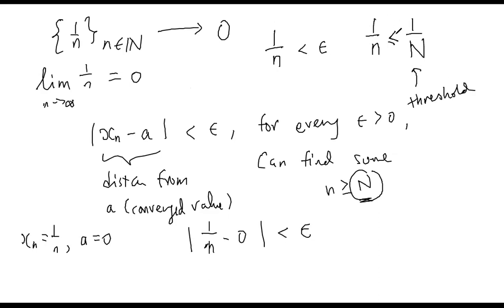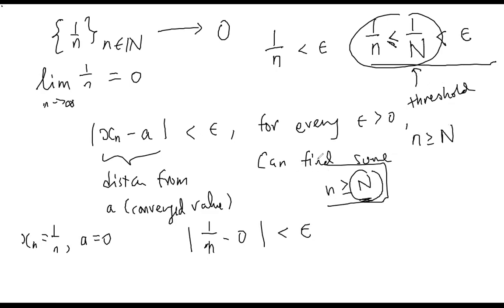If you can find 1 over n is less than or equal to 1 over the threshold, and this one is still bounded by epsilon, then it will work. Basically, this condition here is just n greater than big N, because it satisfies this condition.